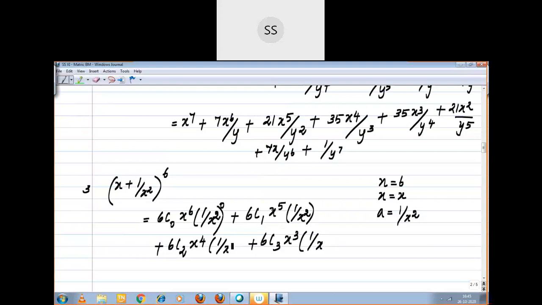Here 1 by x square, you have to be very careful. Here x square the whole square, so it becomes x power 4.